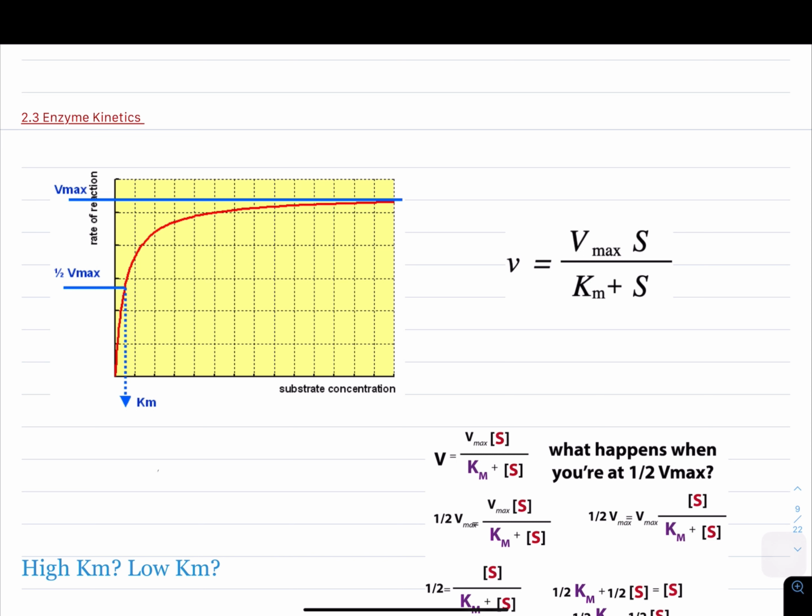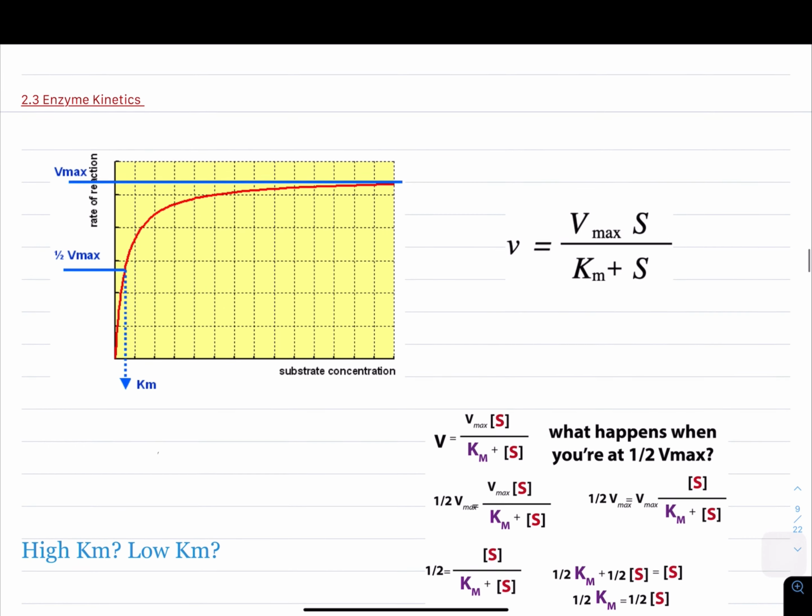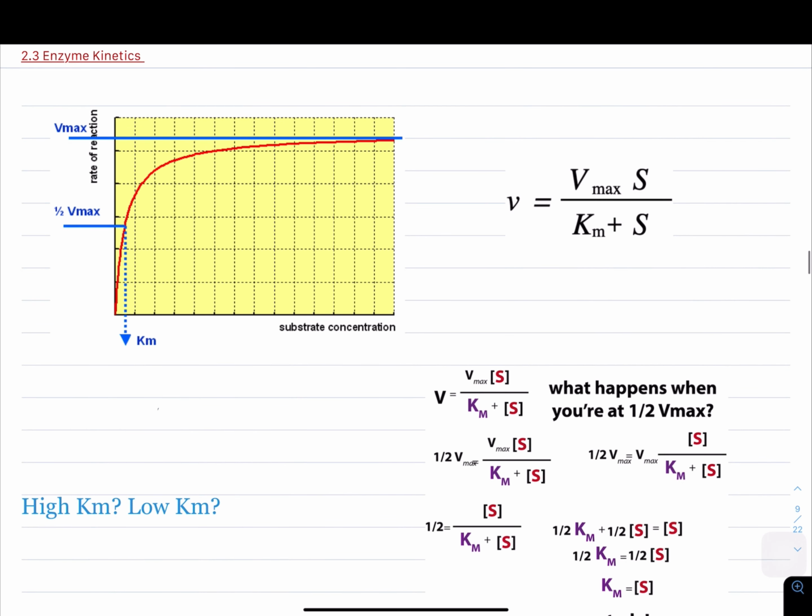Using this formula, you can calculate the velocity of the reaction at any given point, which is velocity equals Vmax times substrate concentration over Km, which we will get into in a second, plus substrate concentration. Km is the Michaelis-Menten constant, which is often used to compare enzymes, and basically Km is the substrate concentration when we are at half of the Vmax.